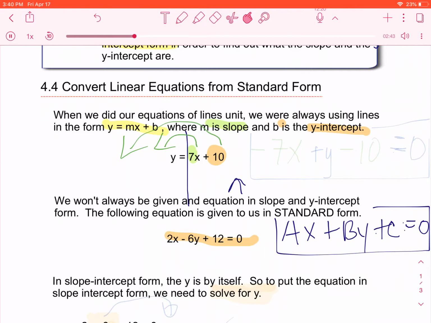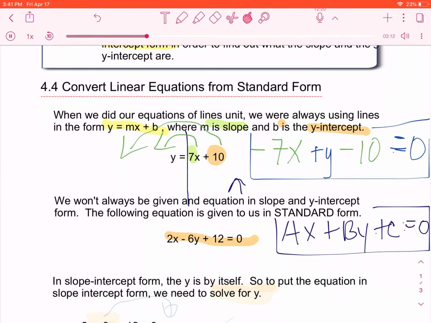So if we have 7x plus 10 on the right side, once it crosses over to the left side, it now becomes minus 7x. It now becomes minus 10. And that plus y that didn't move, it's going to remain plus y. And now, because everything has actually moved to the left side, our right side will be equal to 0.